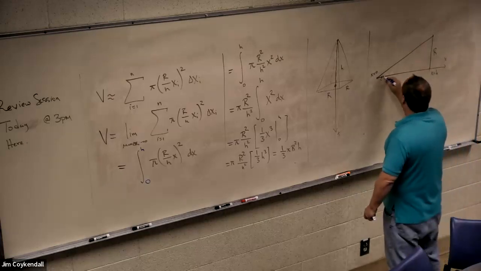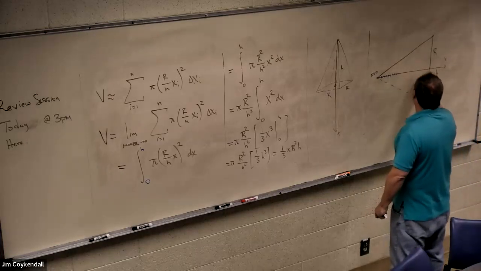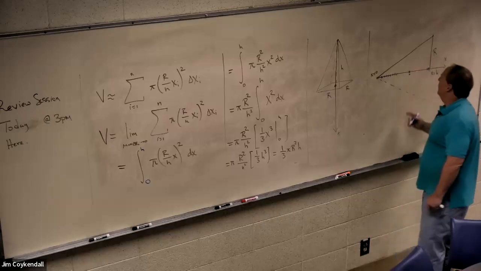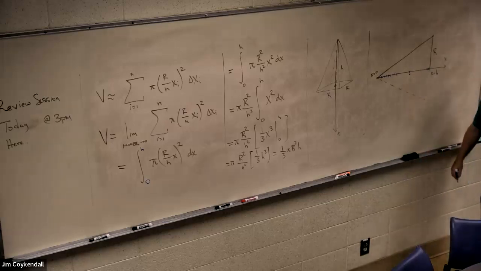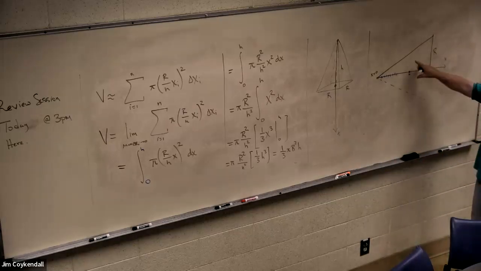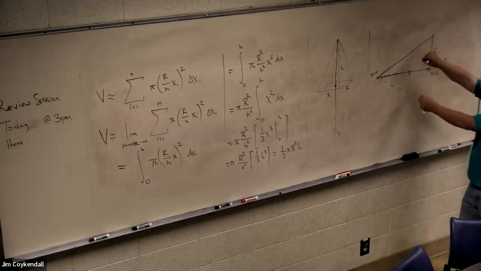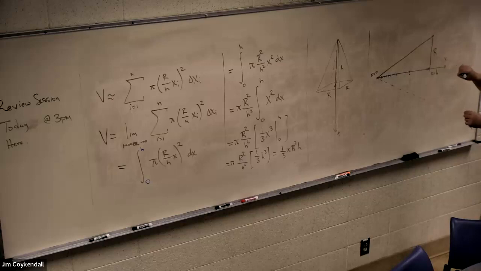Now, imagine that you cut this up into slices again. When I pull this slice out, what's it going to look like? It's not going to look like a record anymore. It's going to be a square, right?